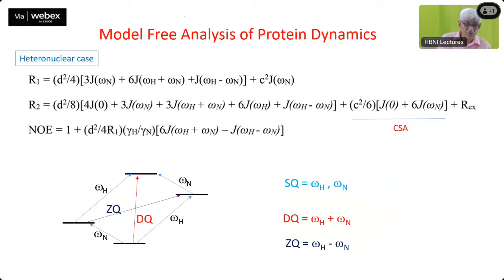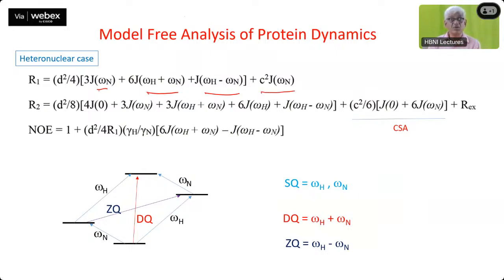Here d squared is a constant which depends upon the product of the gyromagnetic ratios, and then you have the spectral density at omega N, the spectral density at the double quantum frequency omega H plus omega N, and the zero quantum frequency omega H minus omega N, and this is a contribution which is coming from the chemical shift anisotropy.